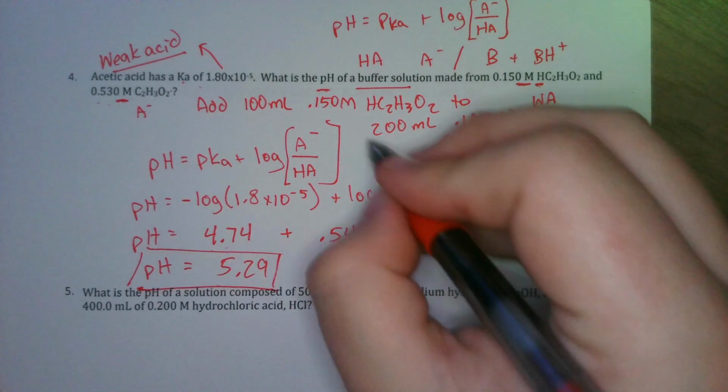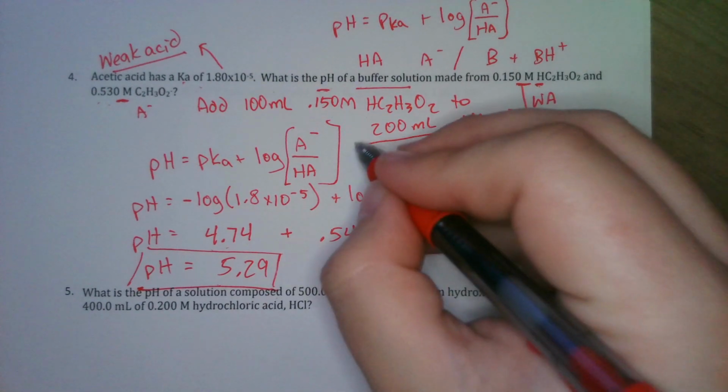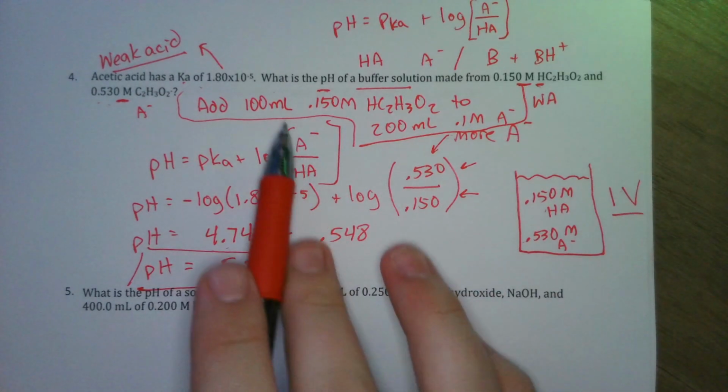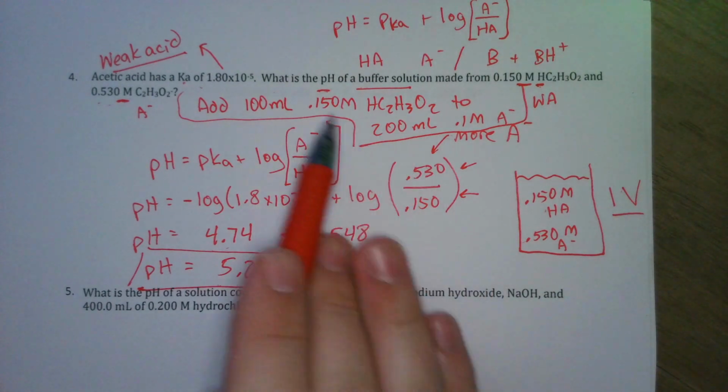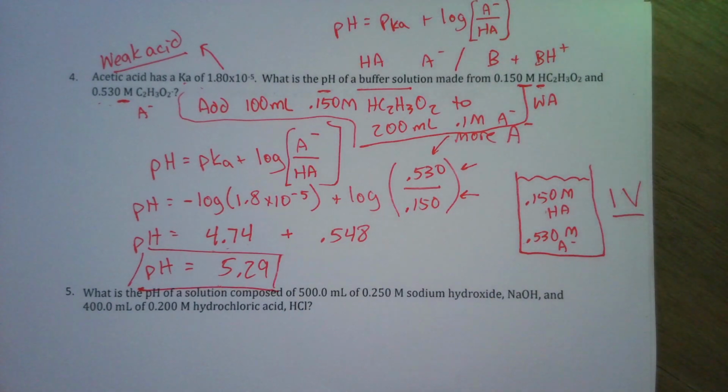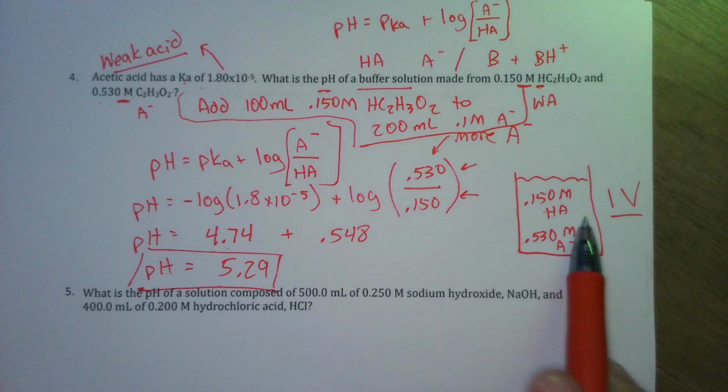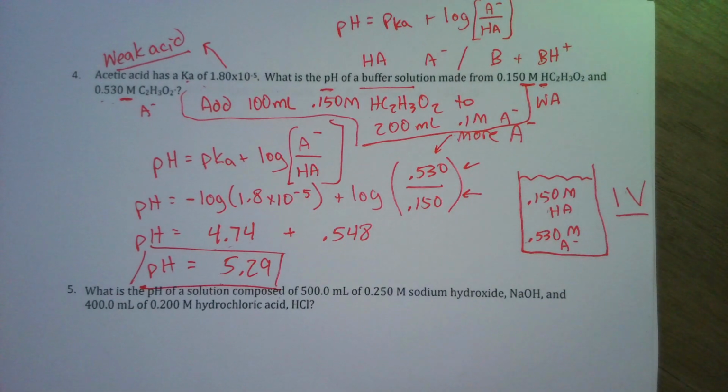I'll just write A- to shorten it. This problem is more work because you're changing the volume in the problem. You're adding two different solutions together. The way this is worded, it just implies you have one solution, the volume stays the same, it's not going to affect any of your math.